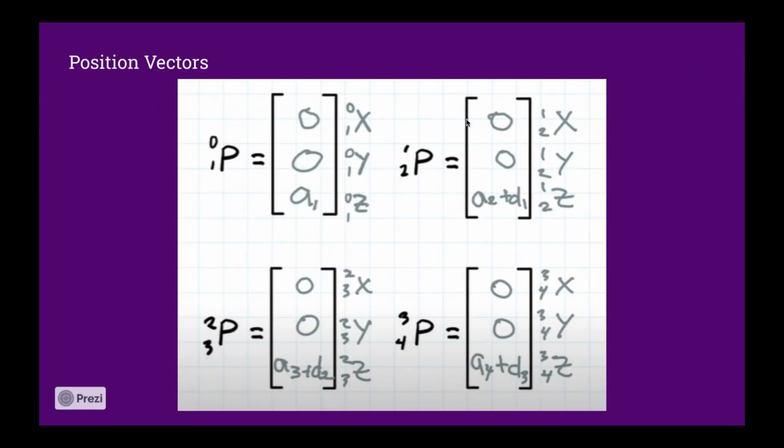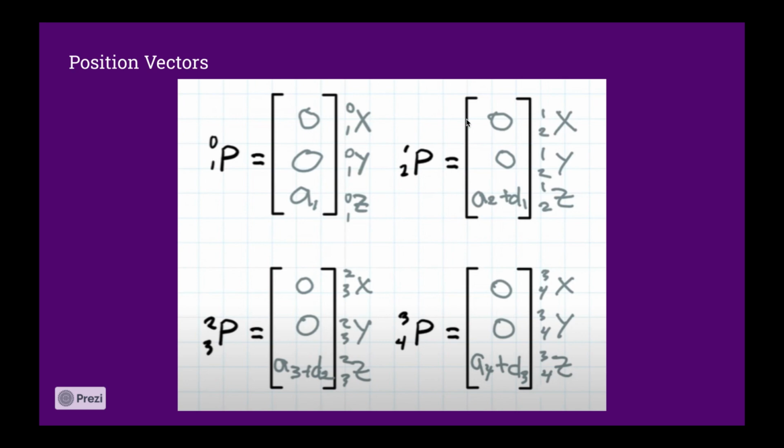Let's get the position vector of P01. In this part, let us get the position vector of frame 1 relative to frame 0. The distance between the origin of frame 1 and frame 0 along the x sub 0 axis, because frame 0 is the reference frame, is 0. Why 0?